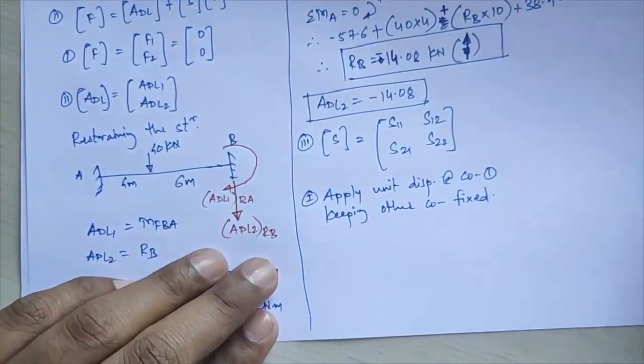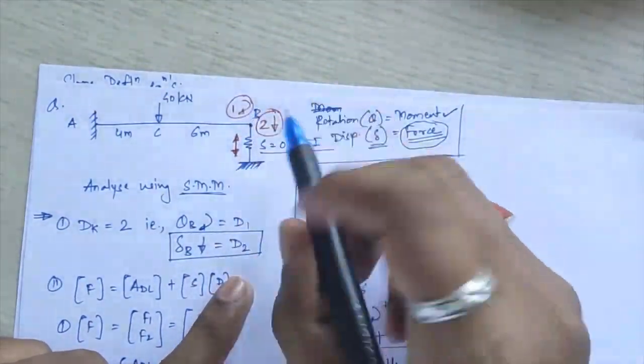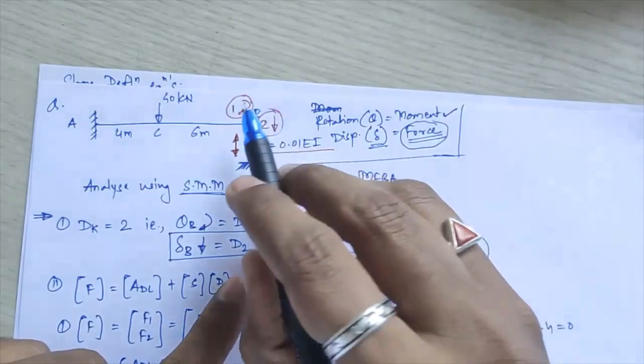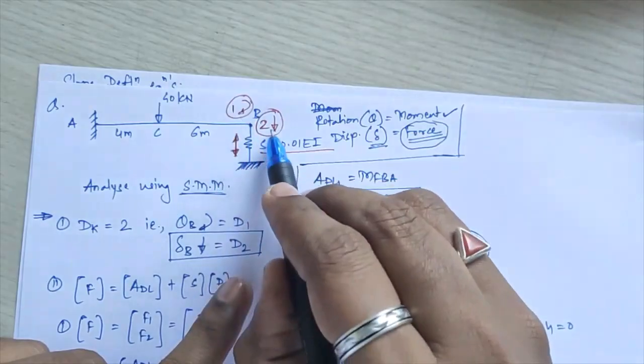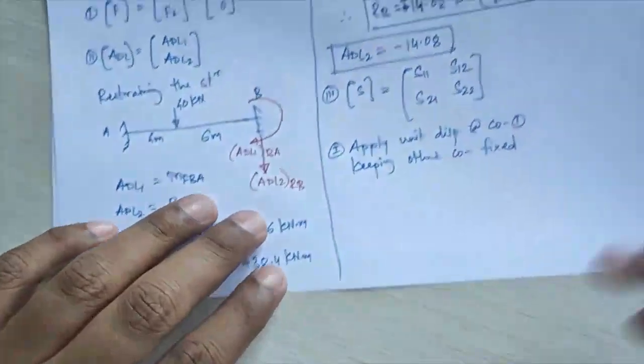That means you are having both the coordinates at joint B over there, but you have to free it for your first coordinate and fix for the second coordinate over there. That means here your slope value will emerge, but your deflection value will become 0 over there. Okay, so we'll see that.